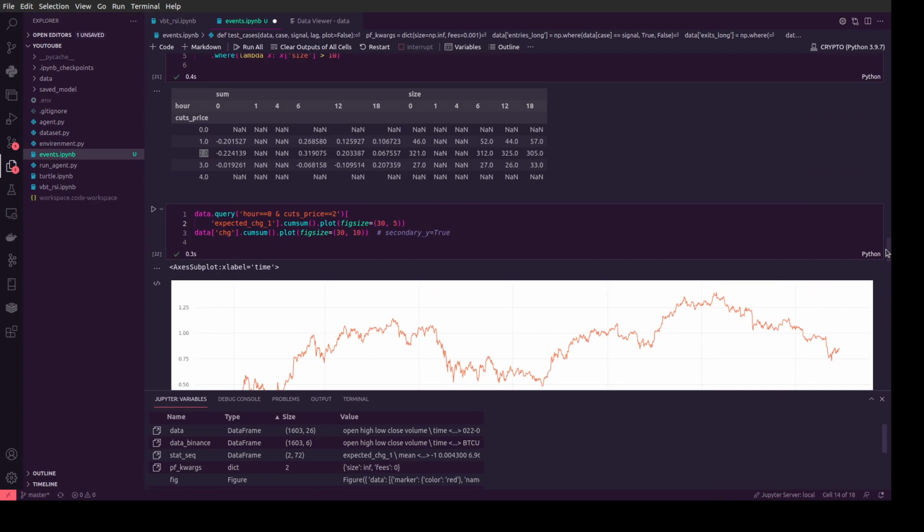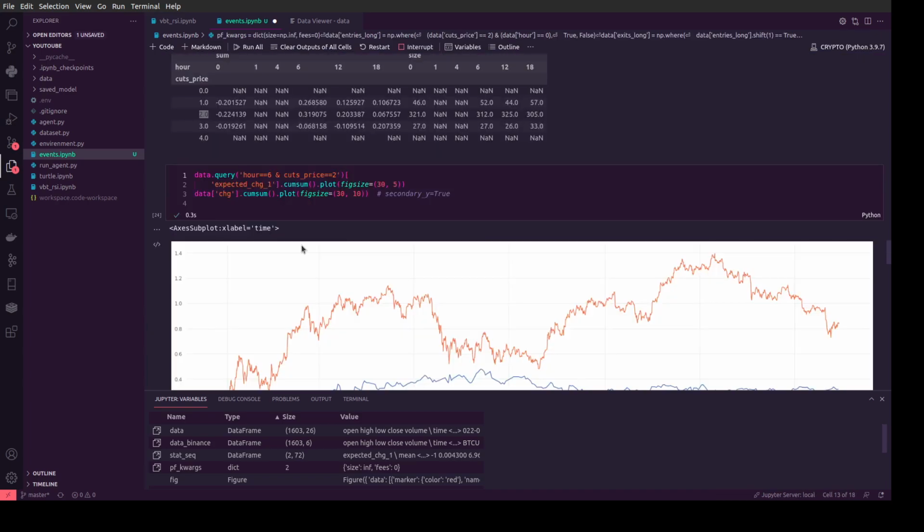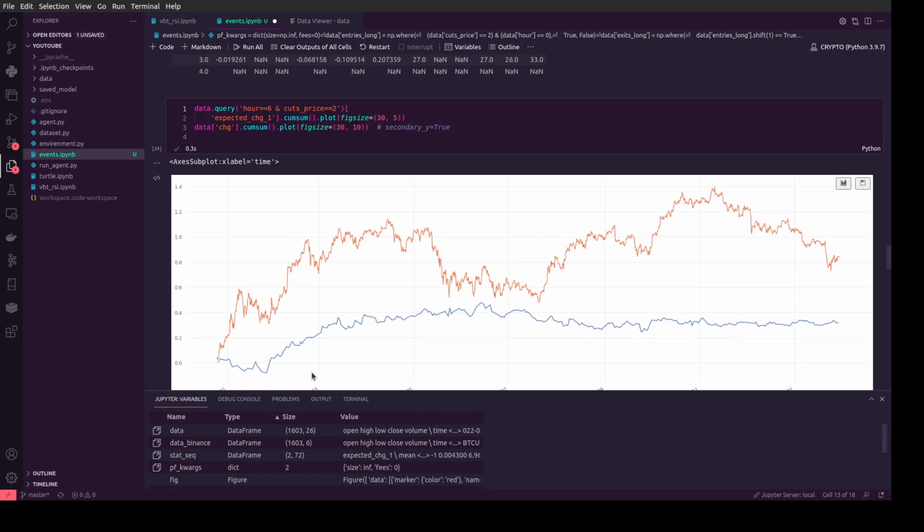Let's look at the situation when we have positive returns like 2, but when we have hour 6. Let's do it, and you see the situation is better.